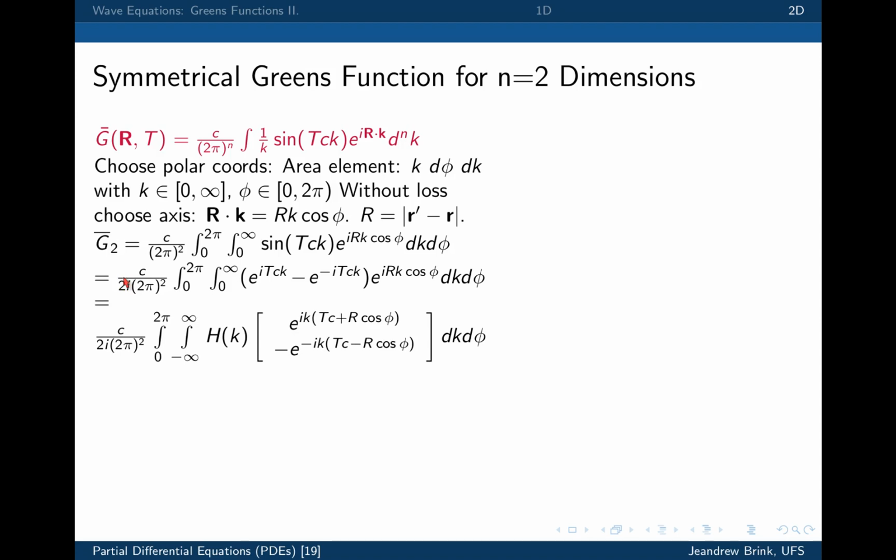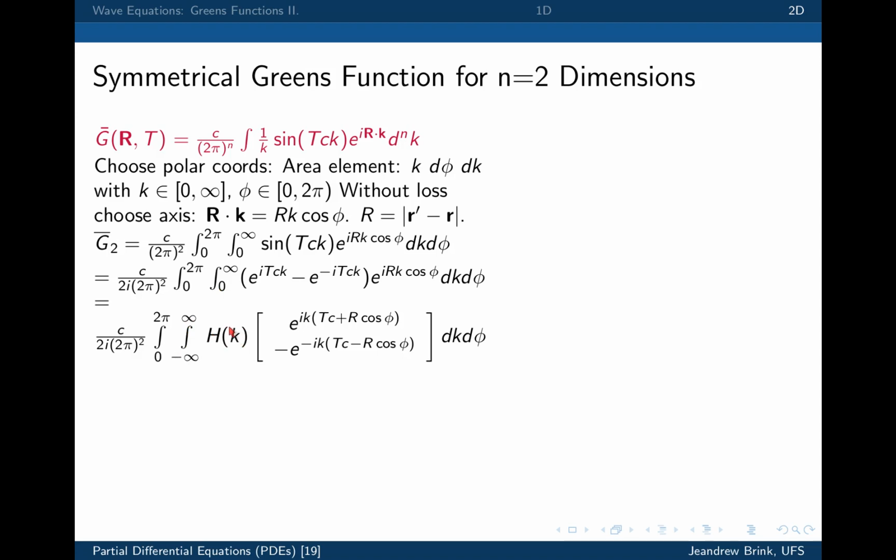Okay, and now, mainly because I know what I'm working towards, I replaced this integral from 0 to infinity with an integral from minus infinity to infinity with a step function over here.